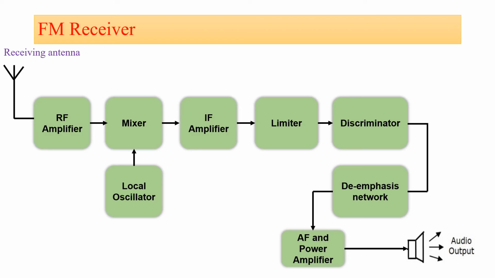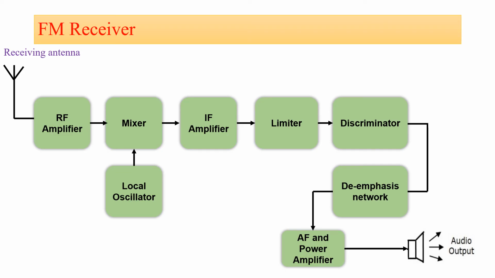However, if some noise is added in the channel, the amplitude of the FM wave may vary. Thus, with the help of the amplitude limiter, we can maintain the amplitude of the FM wave as constant by removing the unwanted peaks of the noise signal. The de-emphasis, that is a low pass filter, is included after the FM demodulator, and the signal is passed to the audio amplifier to increase the power level. Finally, we get the original sound signal from the loudspeaker, and this is all about the block diagram of the FM receiver.